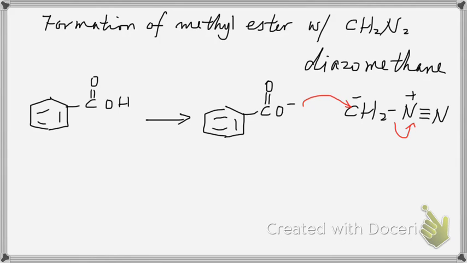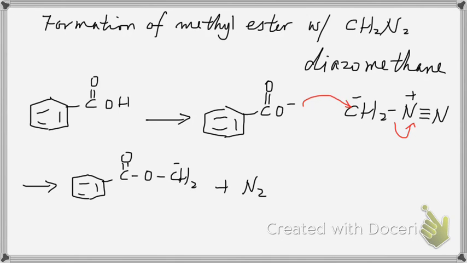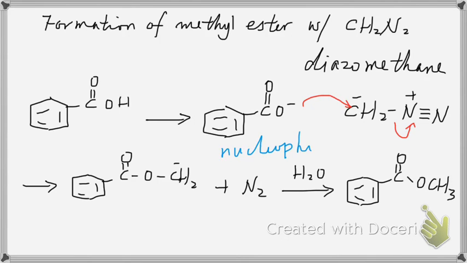At the same time, the carbon-nitrogen bond will break in diazomethane, and the leaving group here will be N2, which is nitrogen gas, and it will escape from the reaction mixture, and that's the driving force for the whole reaction. And lastly, after acidification, when we add water to protonate the CH2 minus here, it gives the methyl ester.